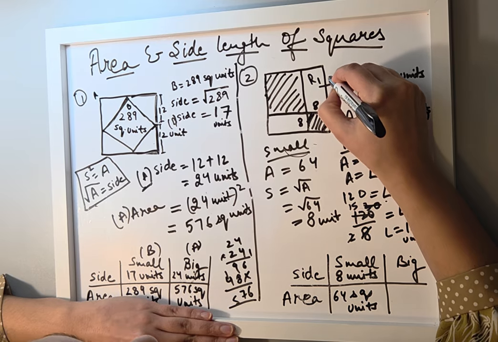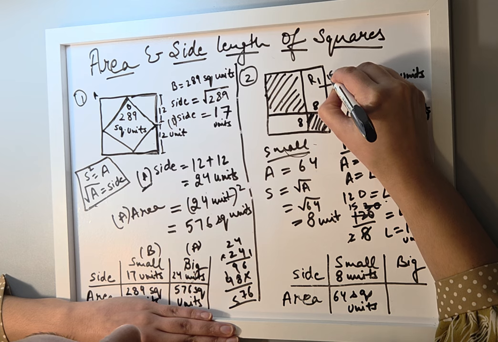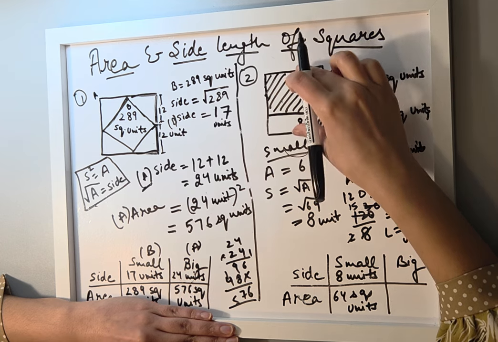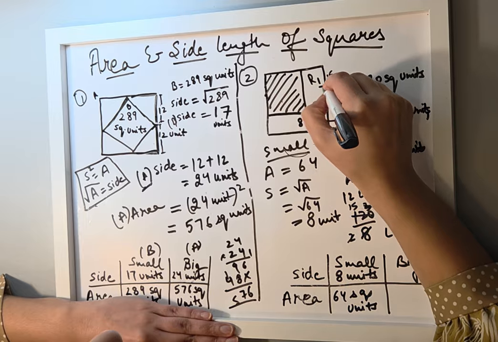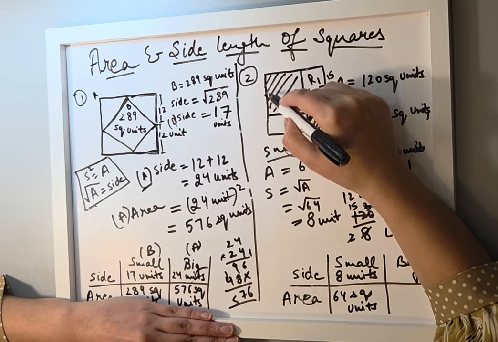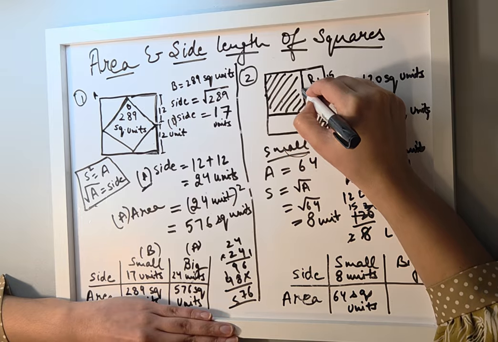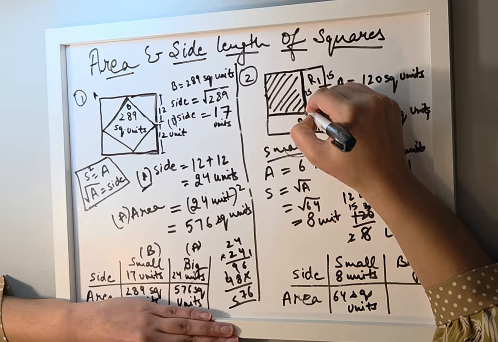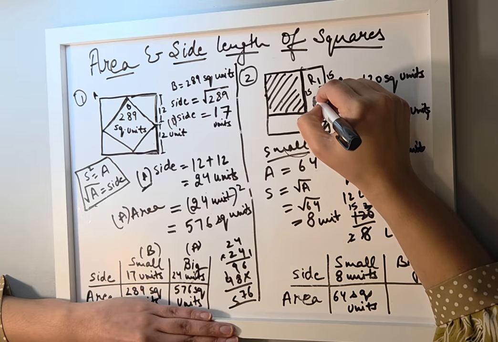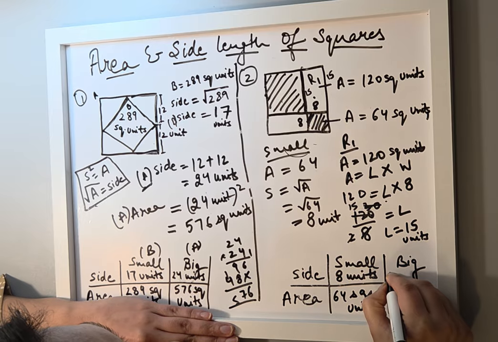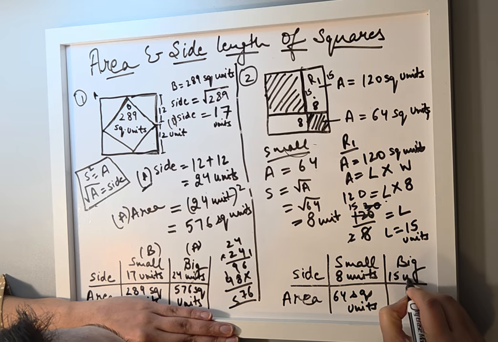So now we know the length of the rectangle. Opposite sides of a rectangle are equal, so if this is 15, this is 15. Now this side of the rectangle and this side of the square are common. So if the length is 15 for the rectangle, the side for the square will also be 15 units.